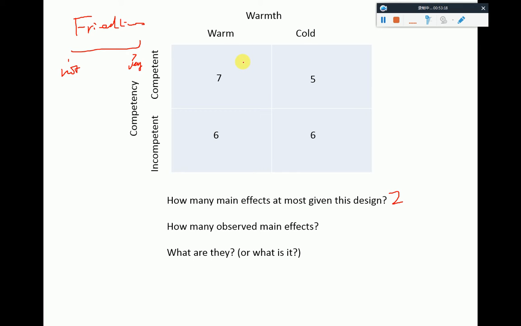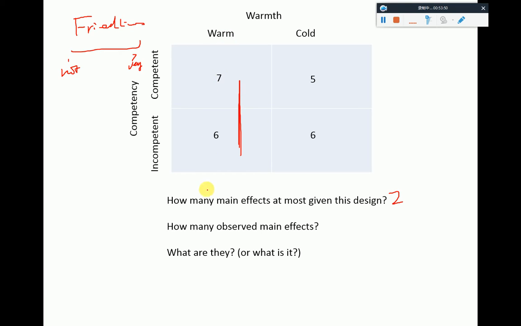Let's say now we wanted to determine whether or not there's a main effect for warmth. How do we do it? Let's figure out how many conditions constitute the warm condition. Very easy, there are 2. In both these conditions, Aaron is described as warm: warm competent, warm incompetent.